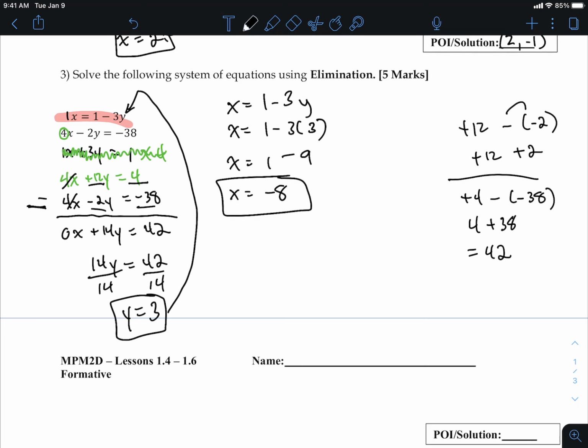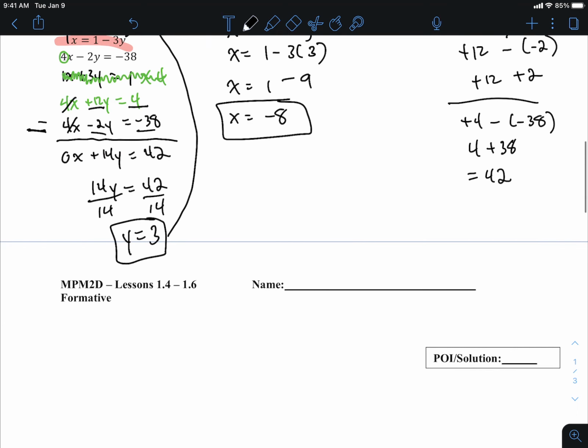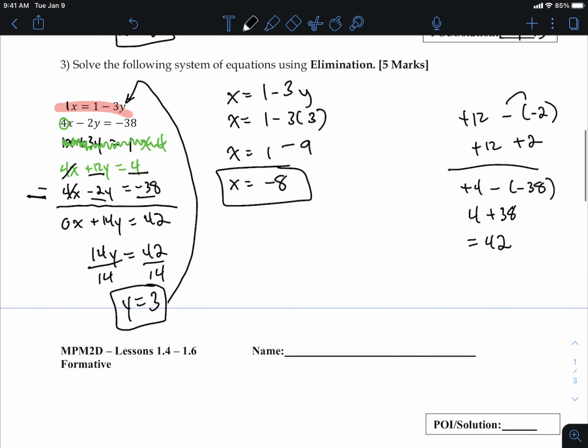Okay, and then you could write your, sorry, mine jumped down a page, it's down here now, but your point of intersection is (negative 8, 3).